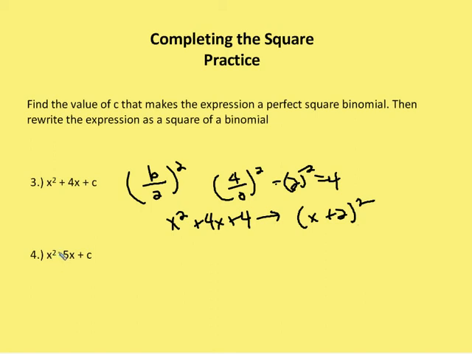In my next example, I have x squared minus 5x plus c. So again, I take the b value, minus 5 over 2 squared, and I get 2.5 squared, and that ends up being my c value.